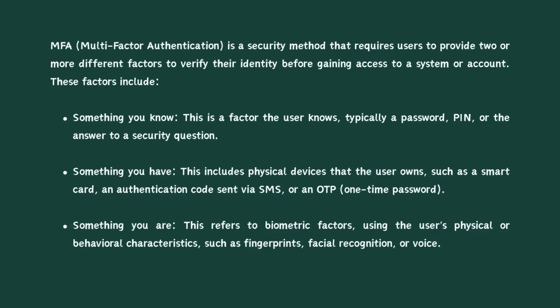Something you have. This includes physical devices that the user owns, such as a smart card, an authentication code sent via SMS, or an OTP, one-time password. Something you are. This refers to biometric factors, using the user's physical or behavioral characteristics, such as fingerprints, facial recognition, or voice.